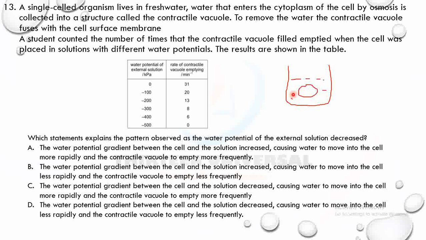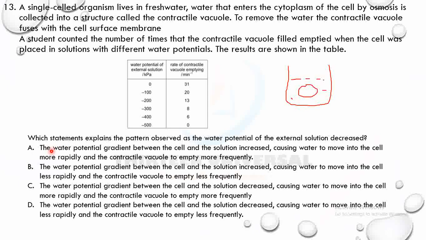Because it's becoming lower, the rate at which water enters the cell reduces. That is why the rate of contractile vacuole emptying decreases, because less water is now moving inside. It continues until you get to a point where water doesn't move inside, so we don't need to remove the excess water.